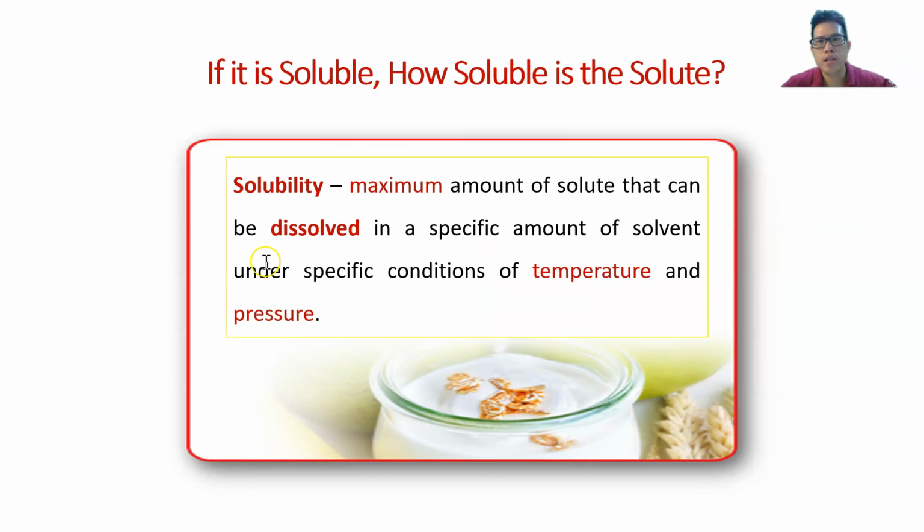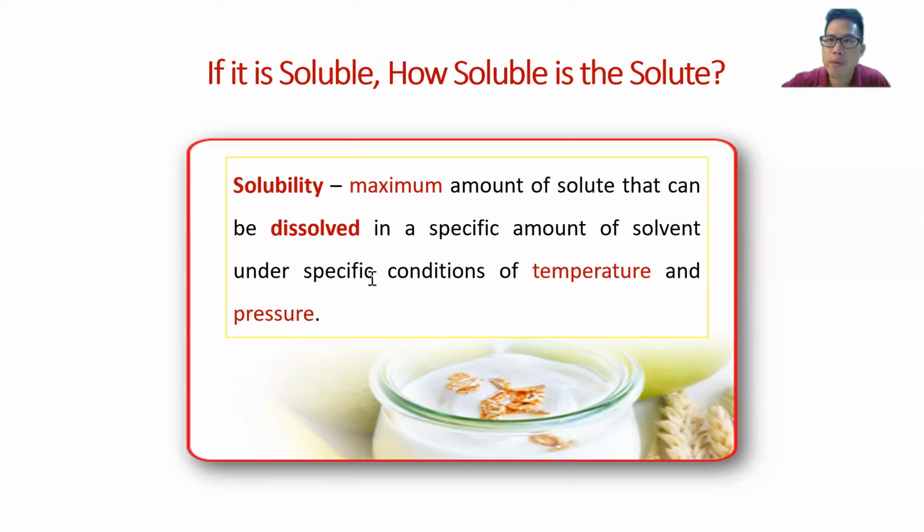So the definition of solubility is the maximum amount of solute that can be dissolved in a specific amount of solvent under specific conditions of temperature and pressure. The solubility of a certain substance actually can be affected. Initially, it could be, for example, 100% soluble, but as you change the temperature or pressure, you may decrease the solubility.